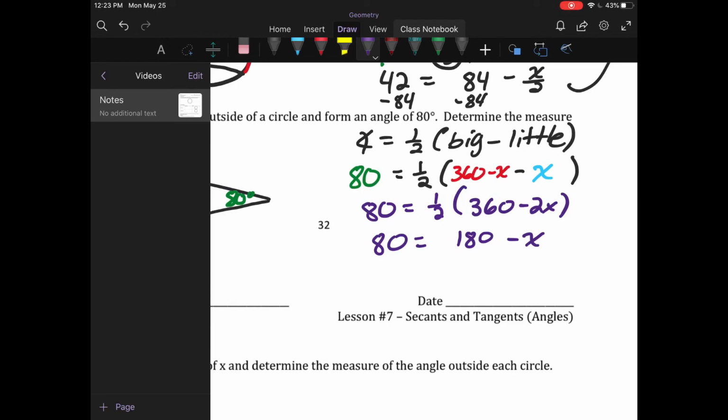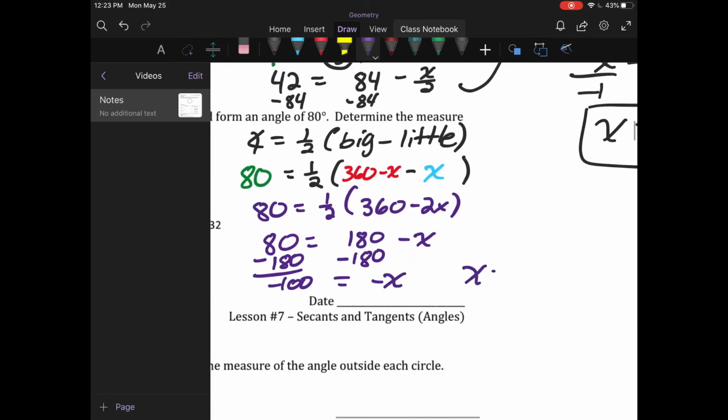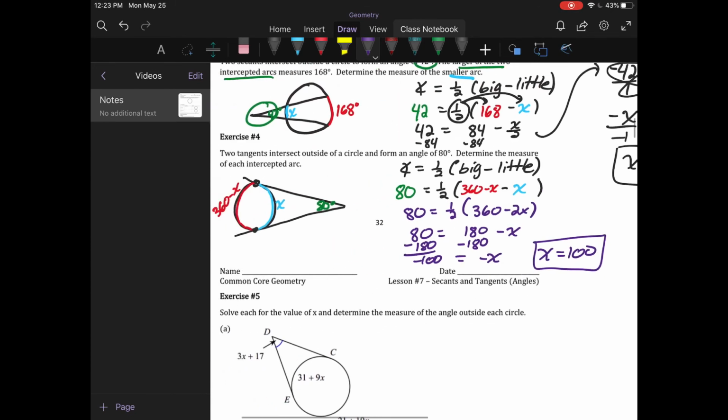And then if I solve for x, we get this. Okay, so x is 100.